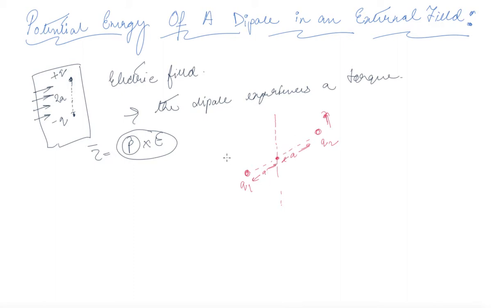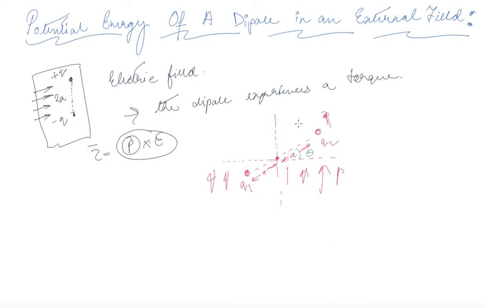Initially, let's say this is the direction of the electric field, and let it make an angle of theta with the dipole. Because of this electric field, it experiences a torque and there is a change in direction.